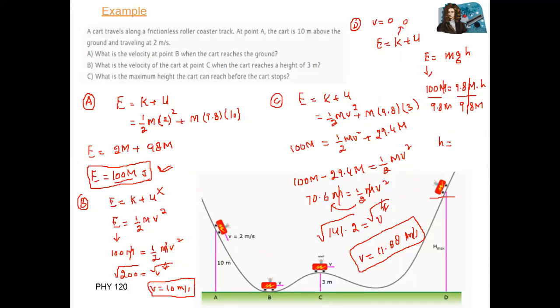M cancels with m. 100 divided by 9.8. Excellent. This is 10.2 meter, the height reached by the body. Clear?